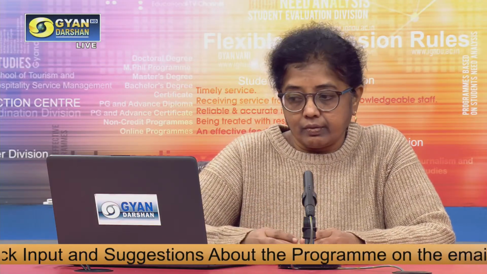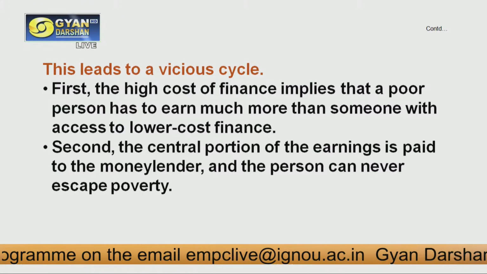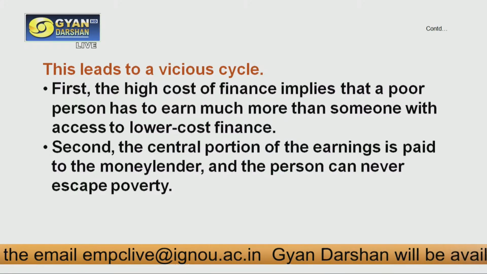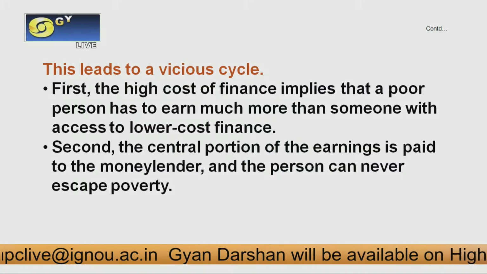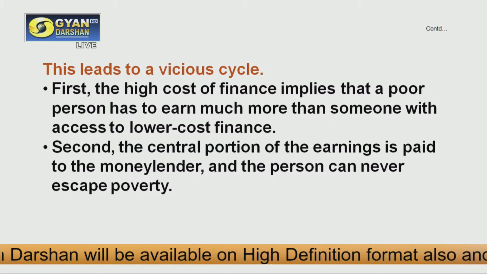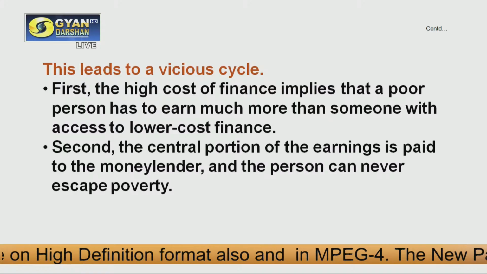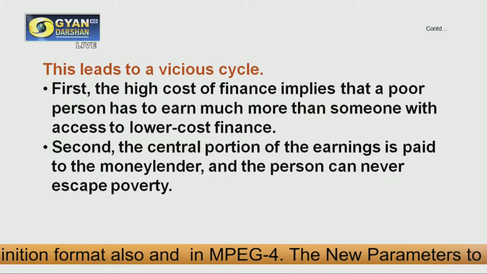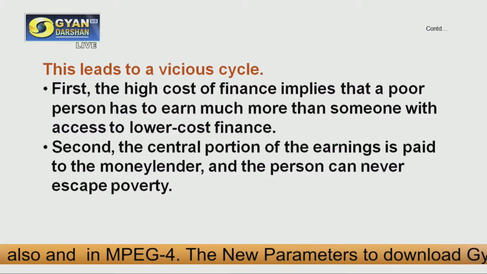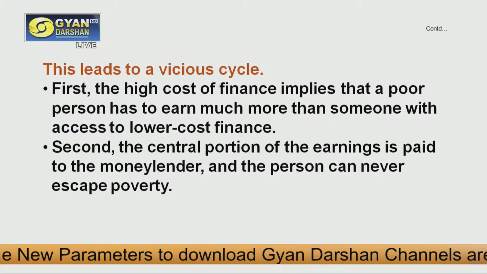Since they depend on money lenders and pay exorbitant interest rates, most of the time they try to pay only the interest. They are not able to pay the principal amount. This became a vicious circle. First, the high cost of finance implies that the poor person has to earn much more than someone with access to low-cost finance.